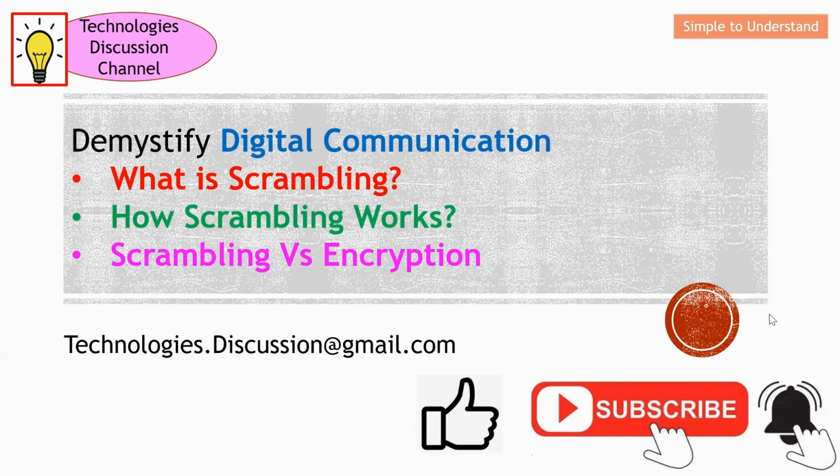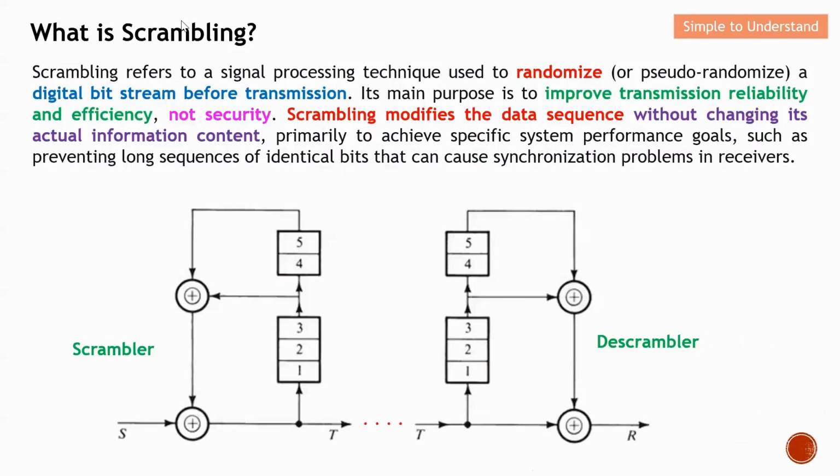Let's kickstart today's discussion. Firstly, let me explain what scrambling actually is. Scrambling refers to a signal processing technique that is used to randomize or pseudo-randomize a digital bit stream before transmission. Over here, you can see that this is the scramble. This is the descramble. Scramble is at the transmitter side. Descramble is at the receiver side.